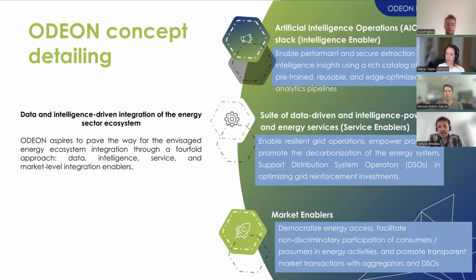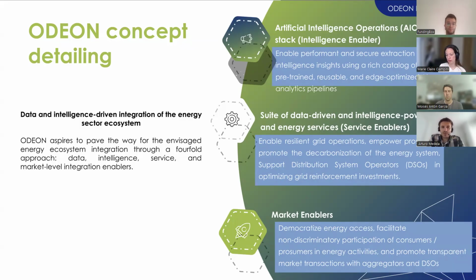Then we can find the so-called service enablers. In essence, they are a suite of data-driven and intelligence-powered solutions and energy services. Through these service enablers, we enable resilient grid operations.